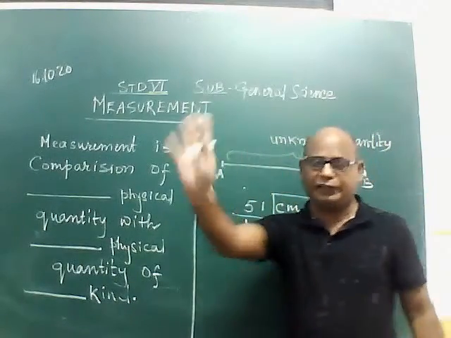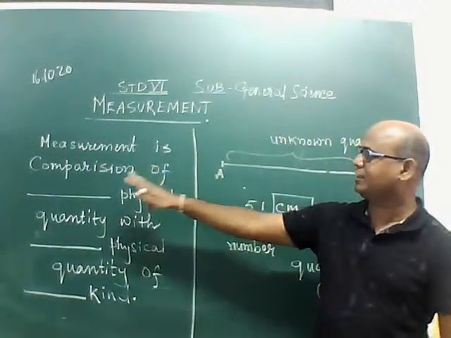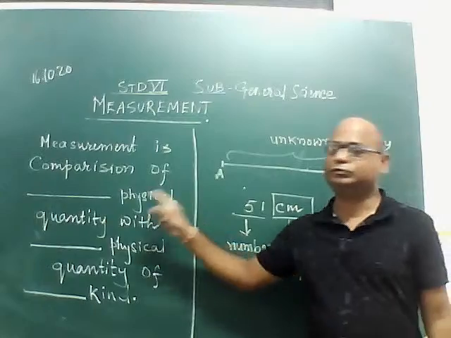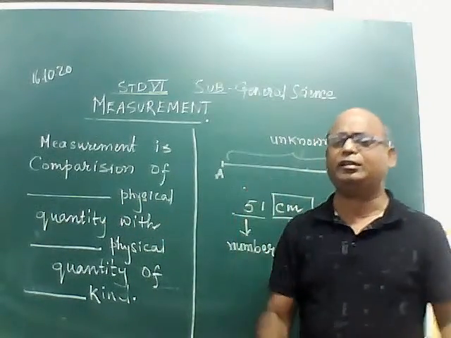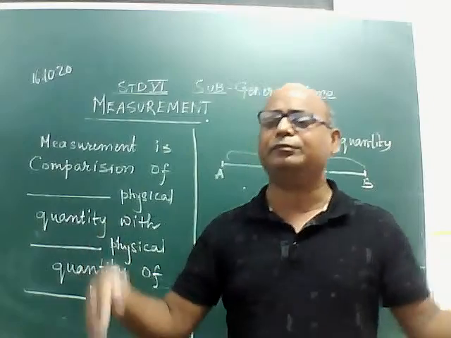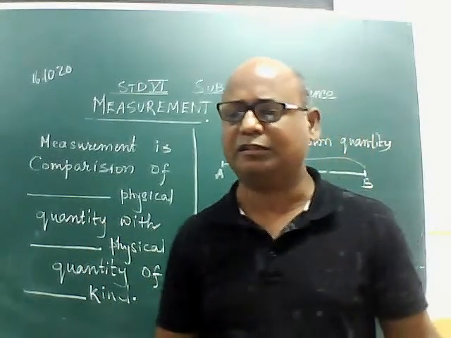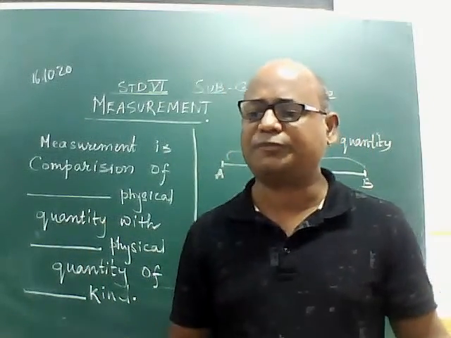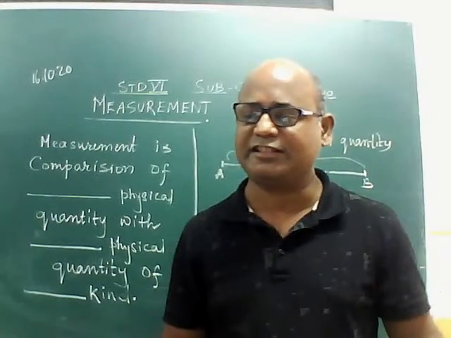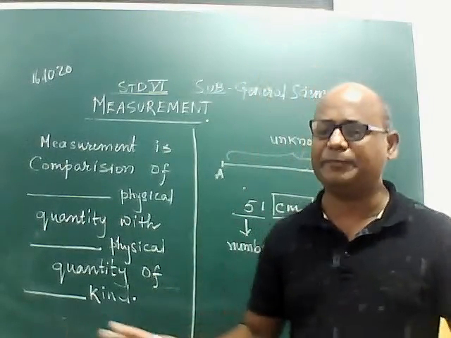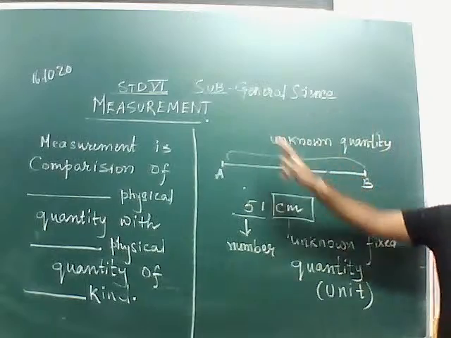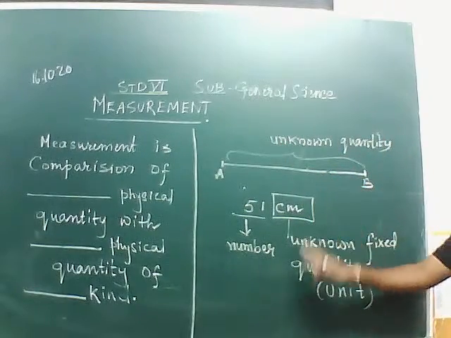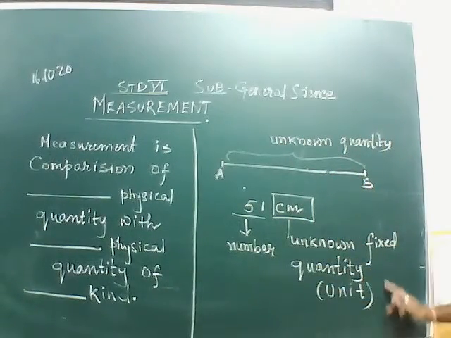So what you told is very correct, that measurement is comparison of unknown physical quantity. It may be length, mass, time, temperature, current, or amount of substance, or luminous intensity, whatever it may be. But it is the comparison of unknown quantity with the known quantity known as unit.